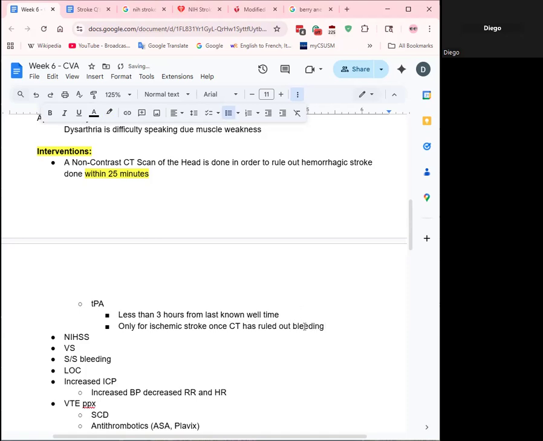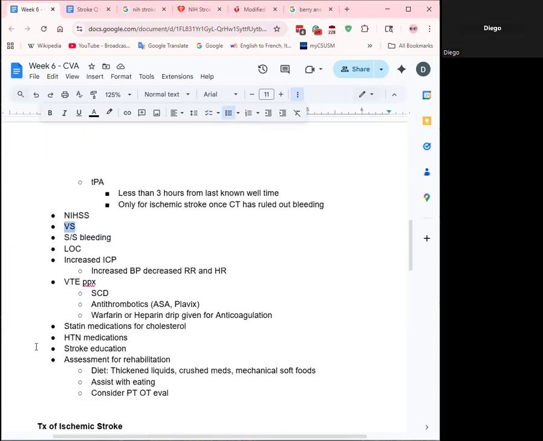Okay. Other thing would be the NIH stroke scale that we discussed. Vital signs: a lot of the time their vital signs will be off. Their blood pressure will be super high. Sometimes the blood pressure can cause someone to have a hemorrhagic stroke; blood pressure over 200 increases your risk of having that. They call it a thunderclap headache.